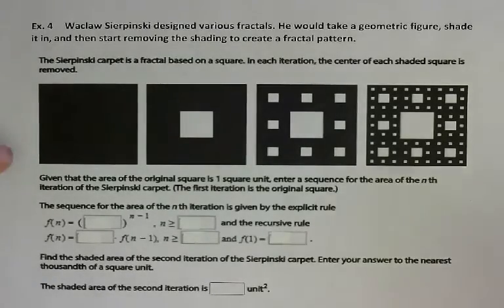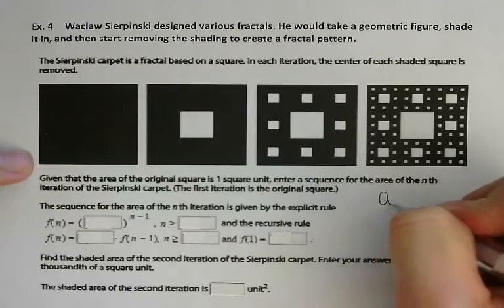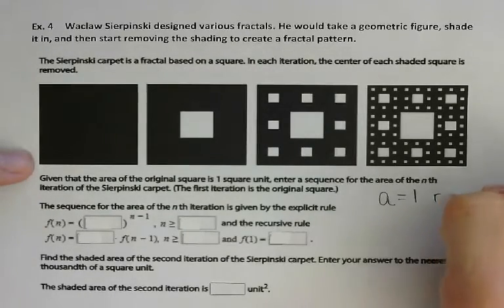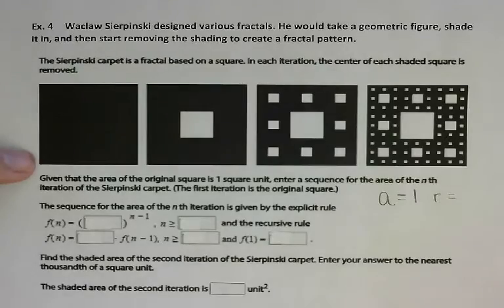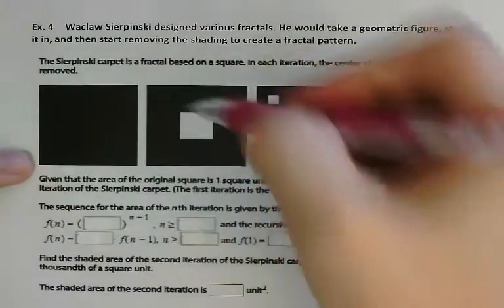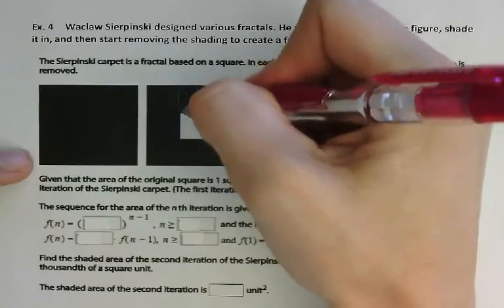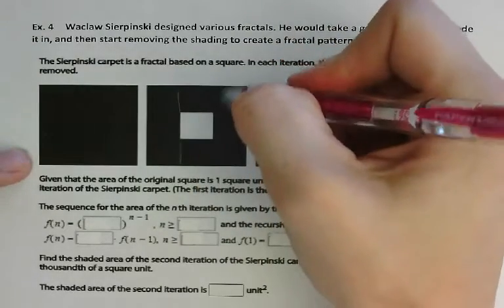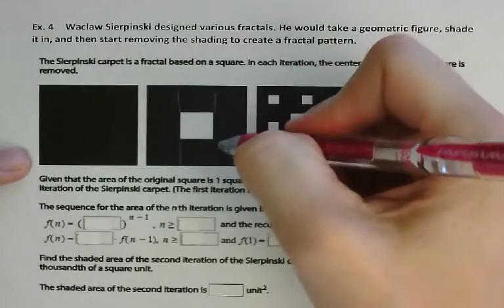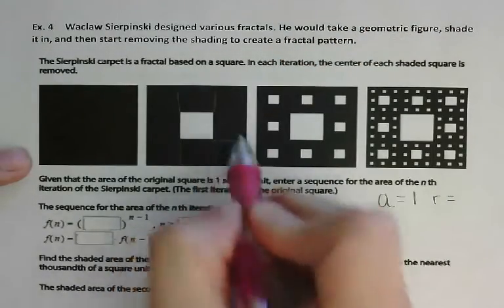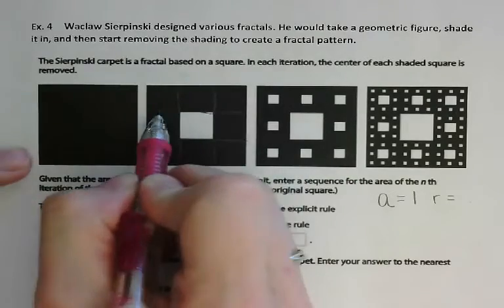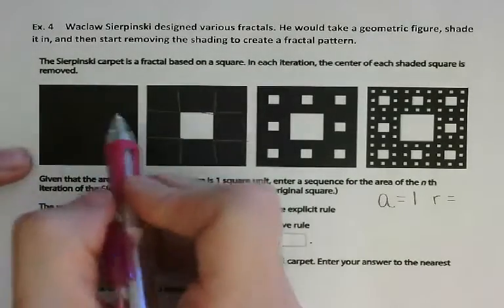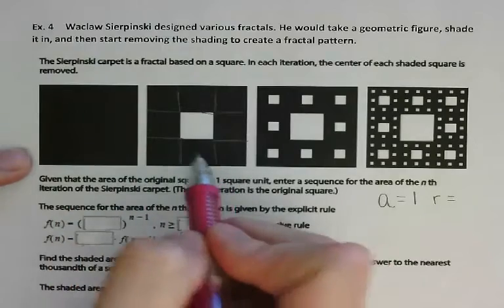All right, so the first one is a 1, but then we need to look at our common ratio. Okay, so if I wanted to look at this, I'm trying to show you all the little squares here. On the second square, how many are shaded?